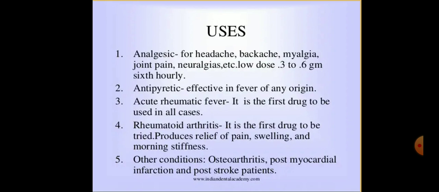It is used in the cardiology department, in post-myocardial infarction, even in anginal patients. Aspirin is preferred in a low dose, around 75 to 150 milligrams, even up to 325 milligrams, which some consider a low dose. And it helps in post-myocardial infarction and in angina for its antiplatelet effects.